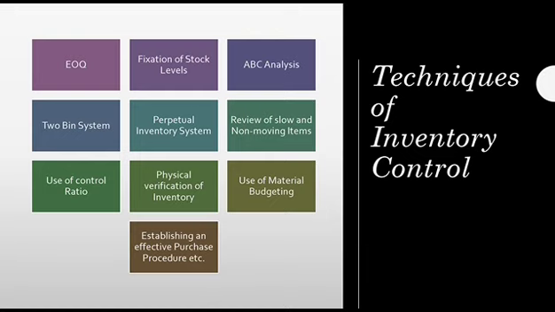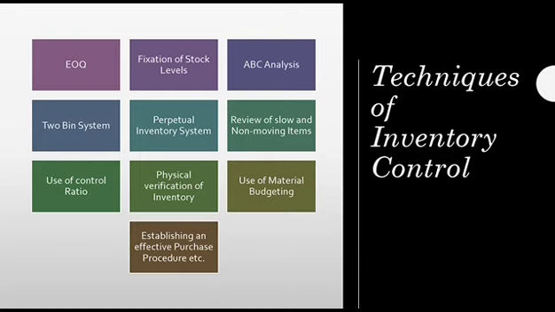There is one more technique called ABC analysis, which we are going to discuss further in the next lecture. Then two bin system, perpetual inventory system, review of slow and non moving items. See here, the slow and non-moving items should be identified, because these items will block most of the money in the investment of inventory. So therefore you should also find out which items are slow moving and which items are fast moving.